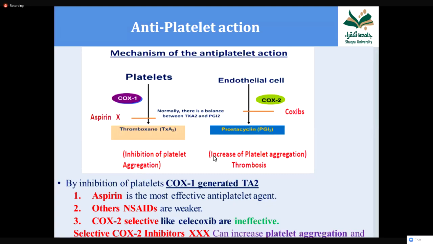And these COX-2 selectives, such as celecoxib or rofecoxib or etoricoxib, are ineffective because they have no effect on COX-1 itself. That's why COX-2 inhibitors can increase platelet aggregation, because they inhibit COX-2 and lead to decreased concentration of prostacyclins.